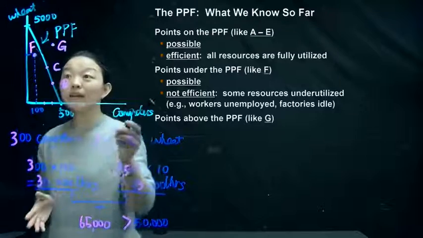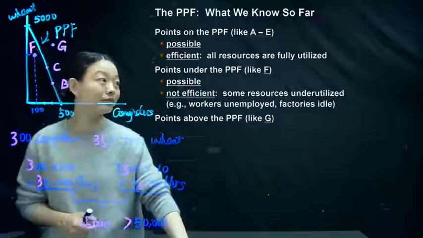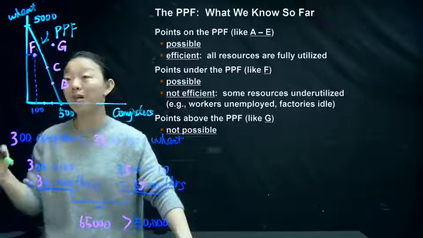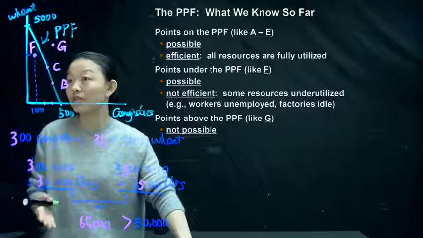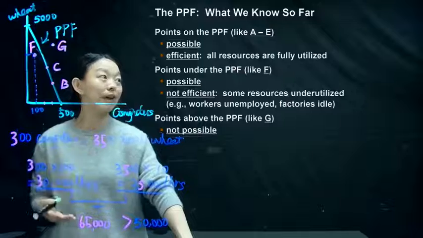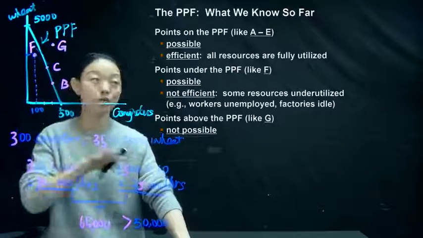Other points outside the PPF, or what we say above the PPF, are good combinations. However, it is impossible for the current economic situation to produce them. Okay, so those are some summaries of what we need to know about those points on this PPF graph.